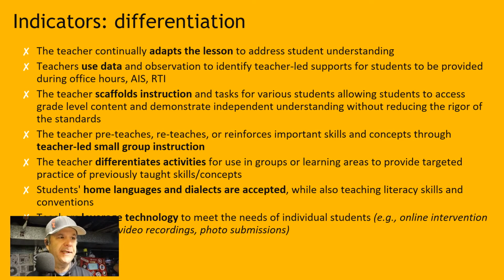Maybe things are said during your lesson that show that you're adapting or changing parts of the lesson to improve student understanding. Is there an indicator that you're using data? It could be hard data, it could be just observation, and are you using that to support the kids? Are you using it as your main motivator in knowing what to do?